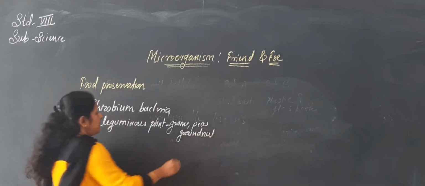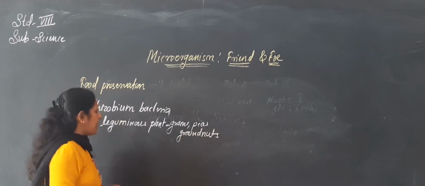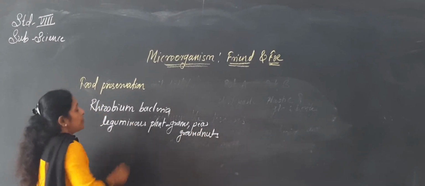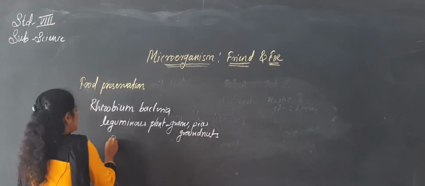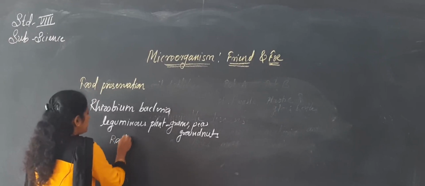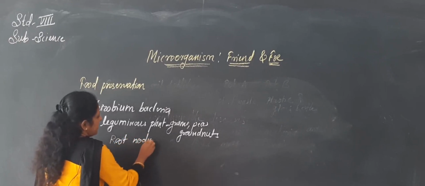These Rhizobium bacteria are present in the root nodules of the leguminous plants.